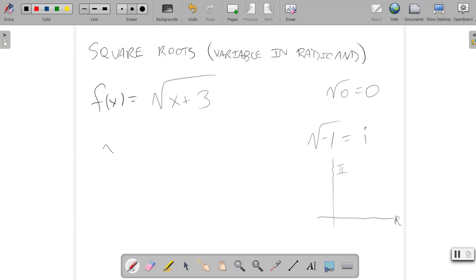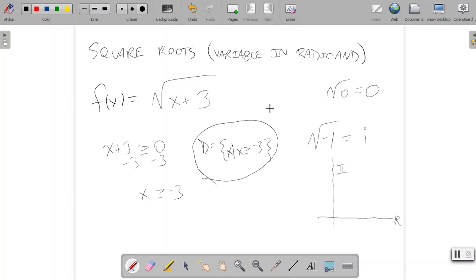So what I do is I take my full radicand and set it greater than or equal to 0. Then I do my SAM once more, and I get x is greater than or equal to -3. So now domain equals x so that x is greater than or equal to -3. That's my answer there.